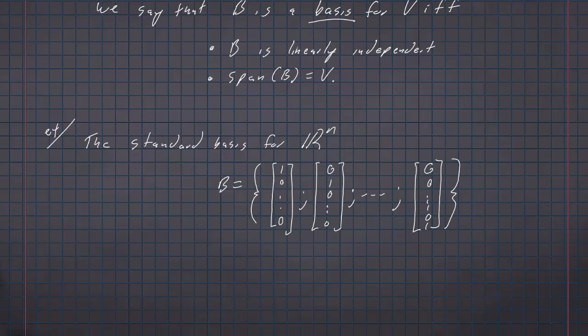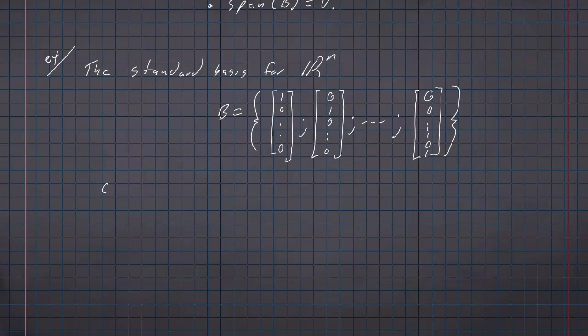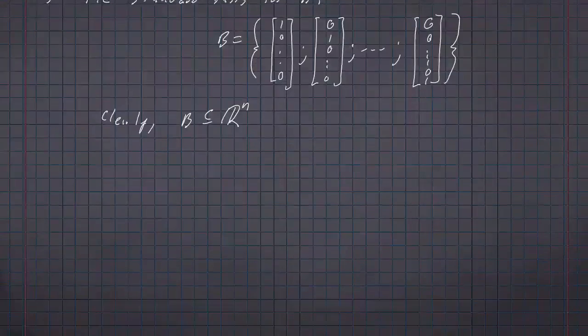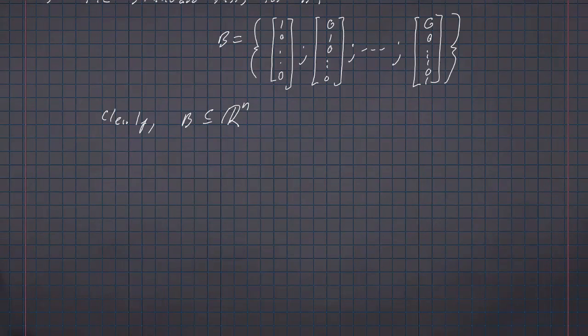So in order to show that this is a basis, I think I can say without reservation that B is a subset of Rn. It's a set of vectors in Rn. We showed that this set for R3 was linearly independent. To show that it's linearly independent for Rn is the same basic idea.